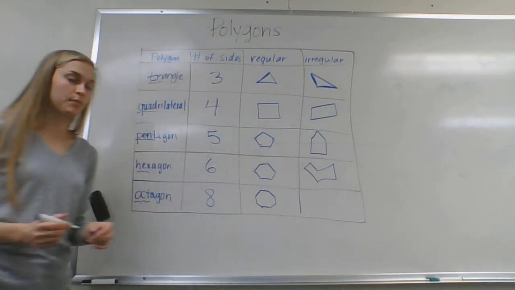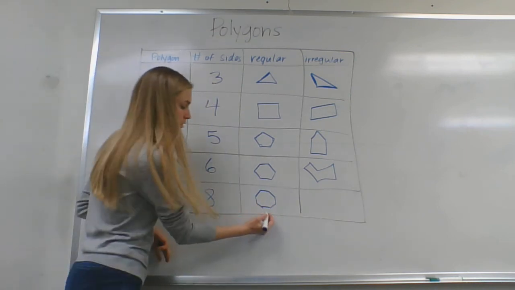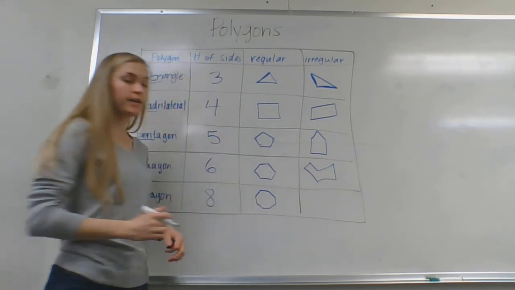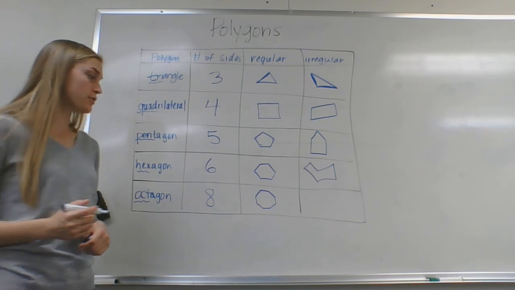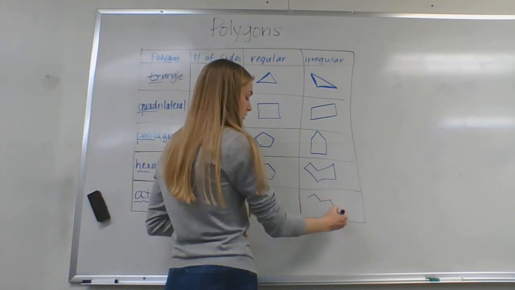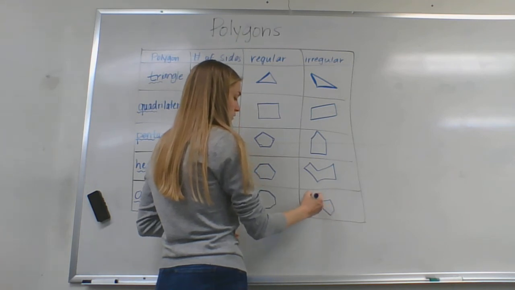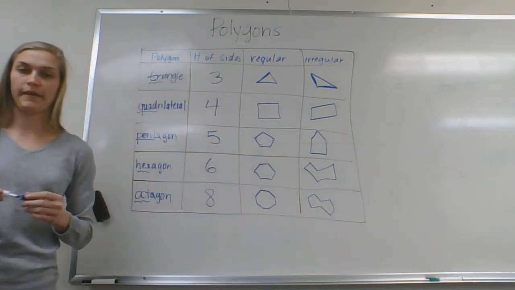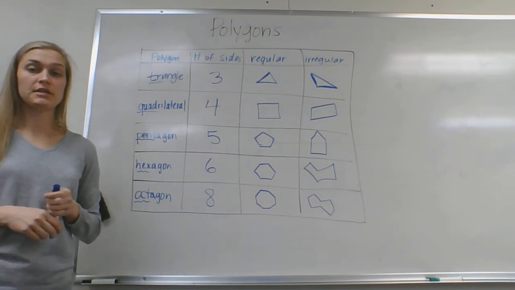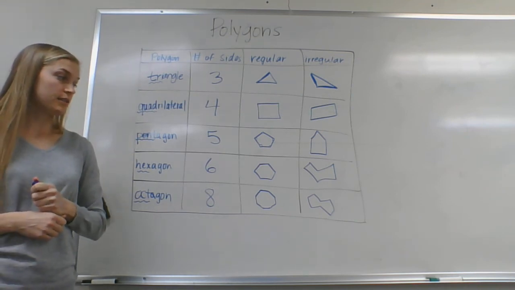It's not very regular, but pretend it's a little bit more regular. That one should have all the same sides and all the same size angles. Irregular is just anything that has 8 sides that does not have the same size angles or does not have the same size length.